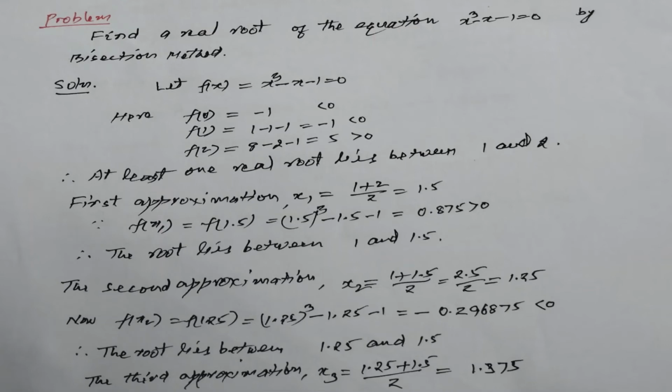The third approximation, x3 equal to (1.25 plus 1.5) by 2, which on simplification becomes 1.375.